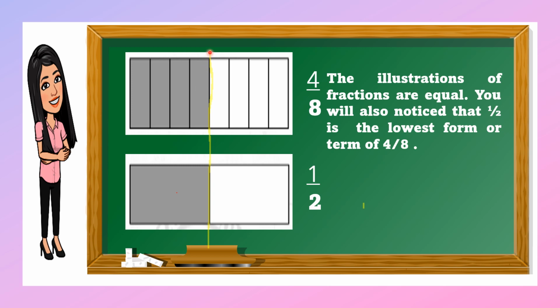Kasi kanina sabi ko, magkaparehas lang o magkapantay yung hati nila. 'Di ba? So, itong 4/8 na to ay equal sa 1/2. And ang 4/8 kapag nilowest term natin, magiging 1/2.